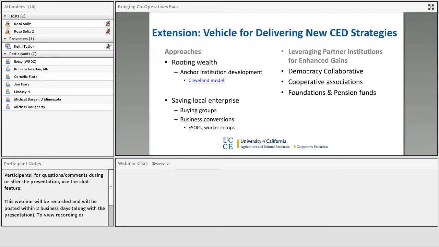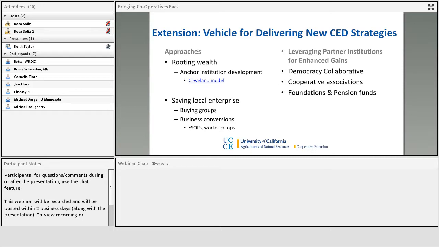There's a lot of wonderful examples out there, and I'm going to touch on a few of them in this conversation. Some of the approaches that are out there that I think are wonderful are these alternative economies, things like rooting wealth. This wealth rooting model is really coming out of the Democracy Collaborative.